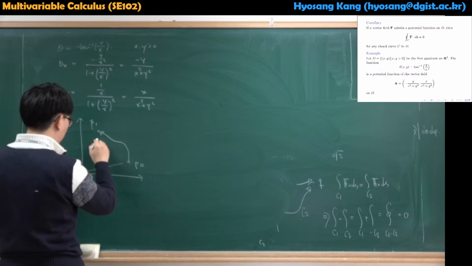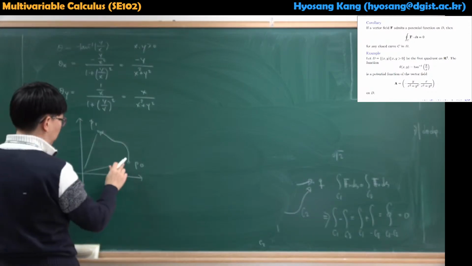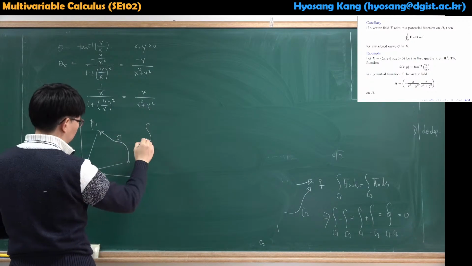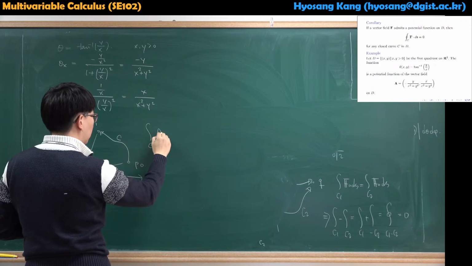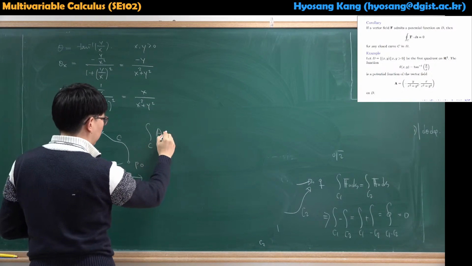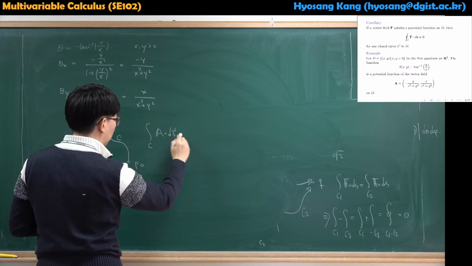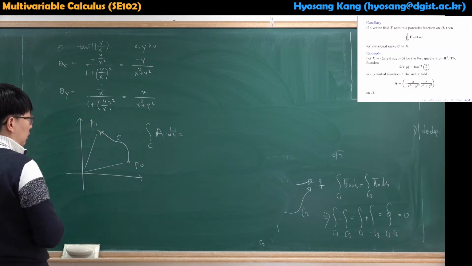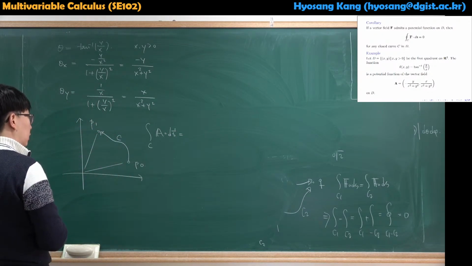So we have these 2 points, and this is, let's say, C, and this line integral of the vector field A only depends on starting and end.